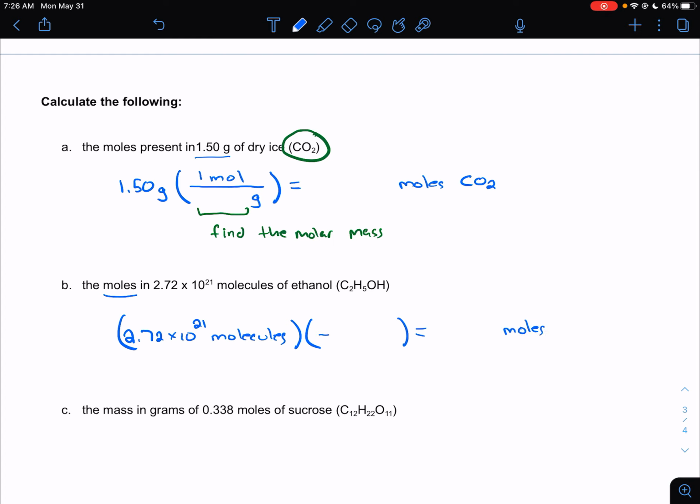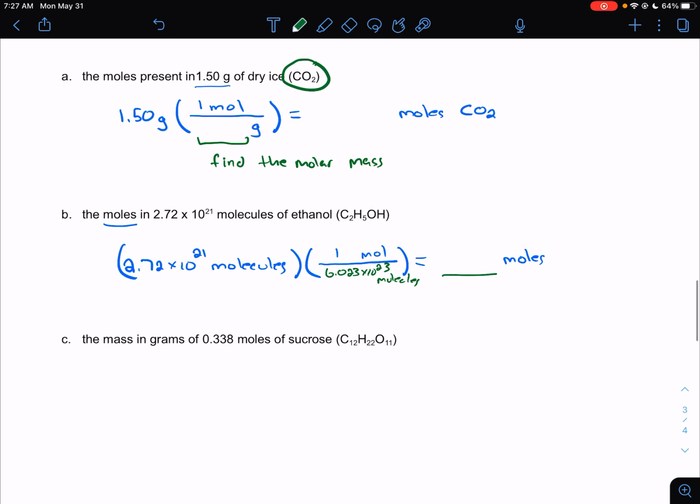So what's our relationship between molecules and moles? We want moles up top. And so in this case, we're going to use Avogadro's number, 6.023 times 10 to the 23rd molecules per mole. And that'll give us our answer in moles.